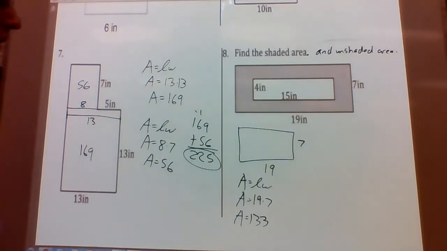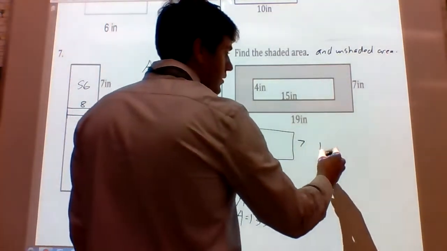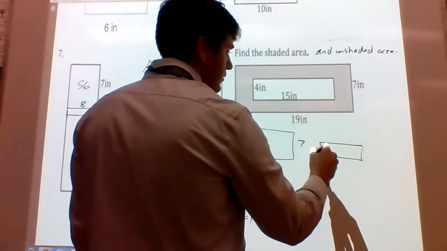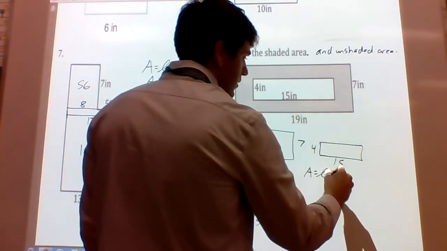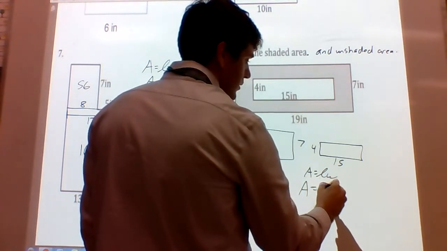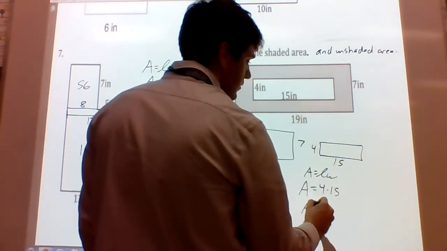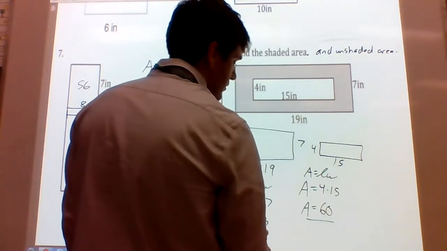The interior rectangle is 4 by 15. So we have 4 times 15, which is going to give us 60.